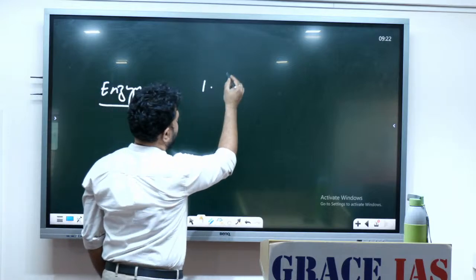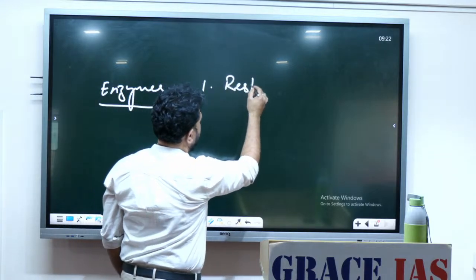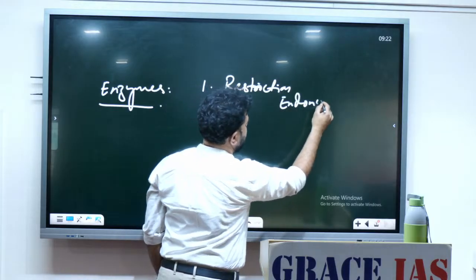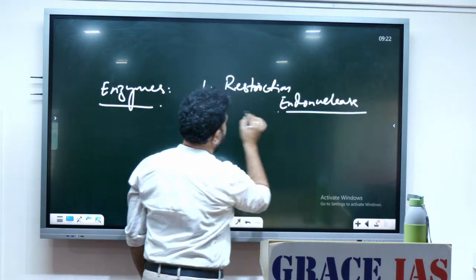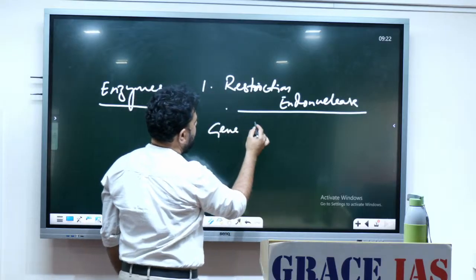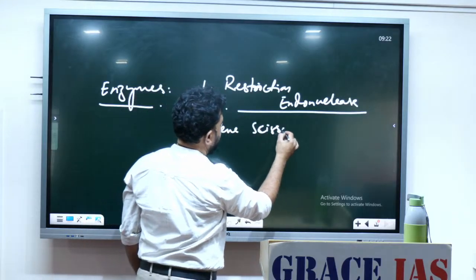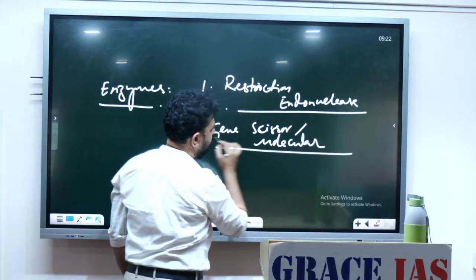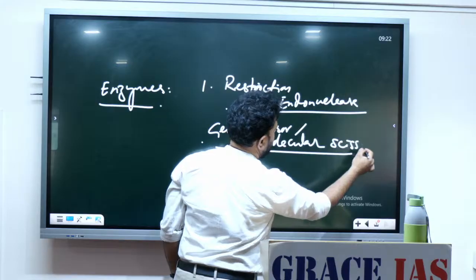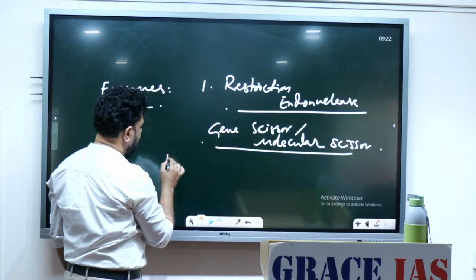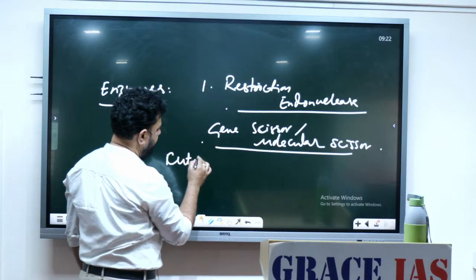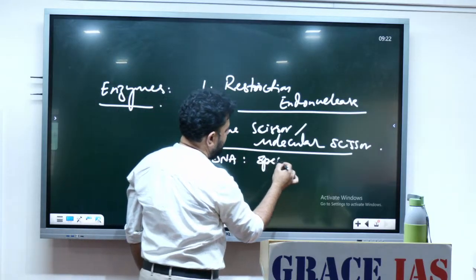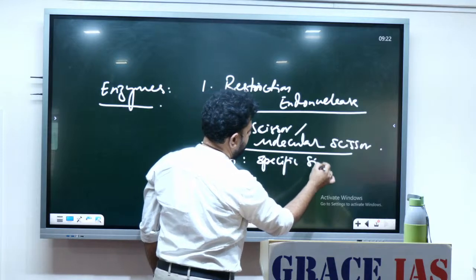Number one is the restriction endonuclease enzyme, which acts as a gene scissor or molecular scissor, as we mentioned earlier. This enzyme would cut the DNA at a specific site.